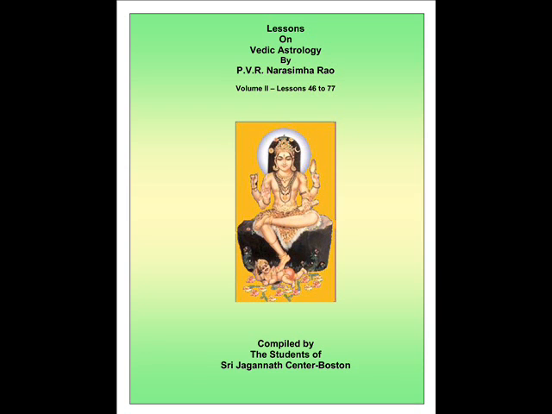If we want to confirm, we can look at the annual charts of those years. How is 2017? The ruler of the year is Venus. He is basically a Yogakaraka, exalted, but the problem is he is retrograde. Exalted and retrograde means equivalent to debilitation.